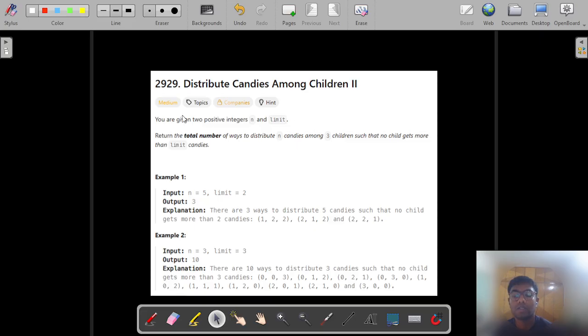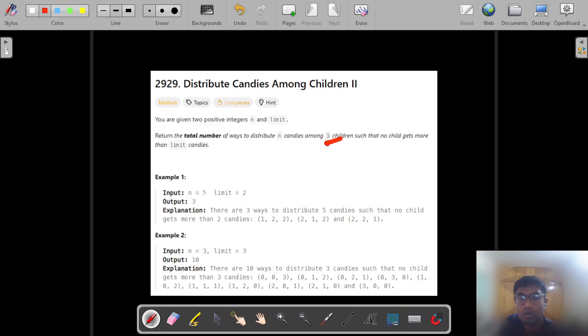Okay, so let us understand the problem statement. You are given two positive integers n and limit. Return the total number of ways to distribute n candies among three children.